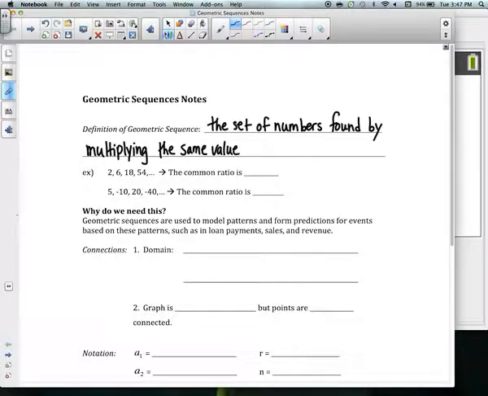So before we had a common difference, now that same value is a common ratio.